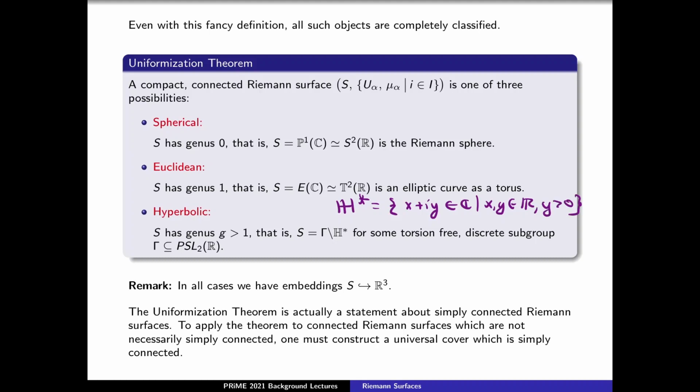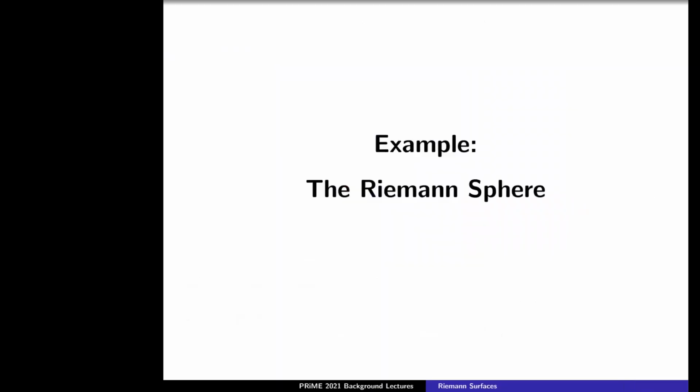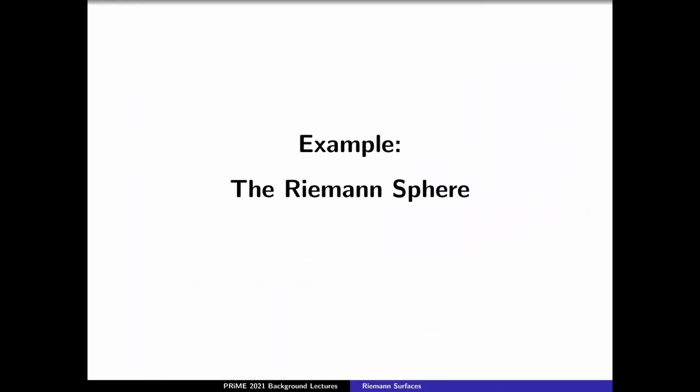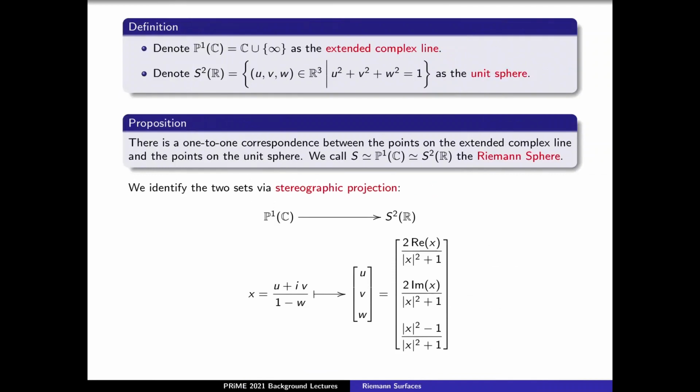But the takeaway is that all these Riemann surfaces have embeddings into R3, because a sphere, we can view it inside R3. A torus, we can view it inside R3. An n-hole donut, we can also view it inside R3. So let us look at the Riemann sphere. For the Riemann sphere, we have our P1(C) that we studied, and I'm going to write this as the complex numbers union infinity.